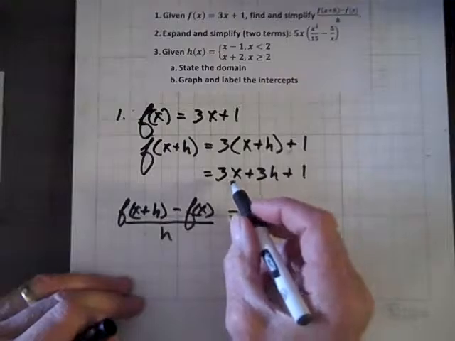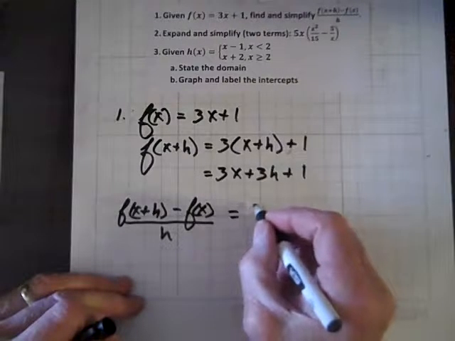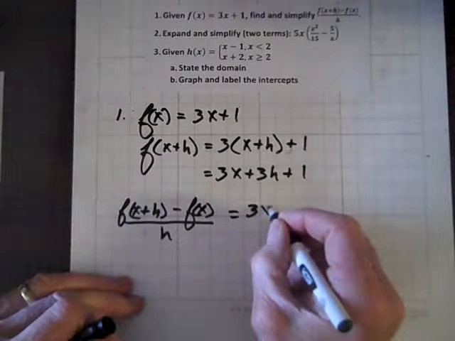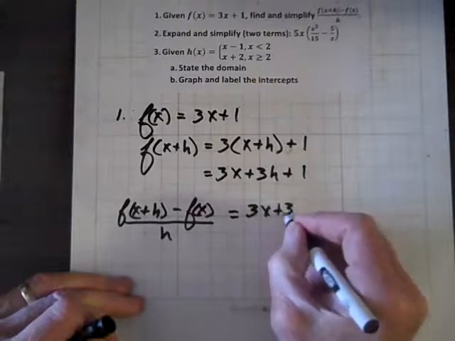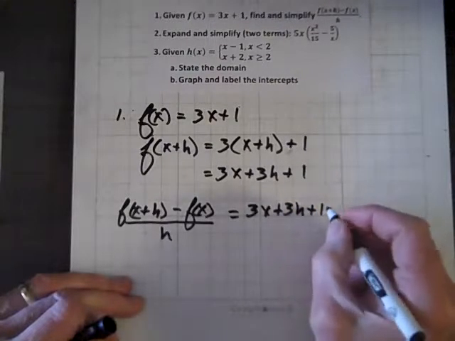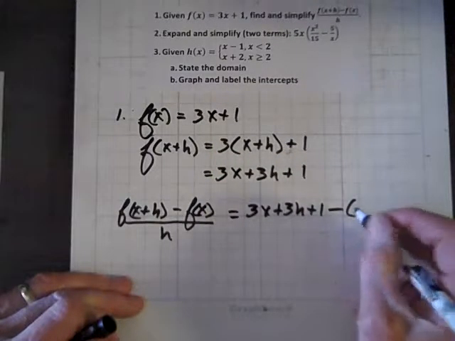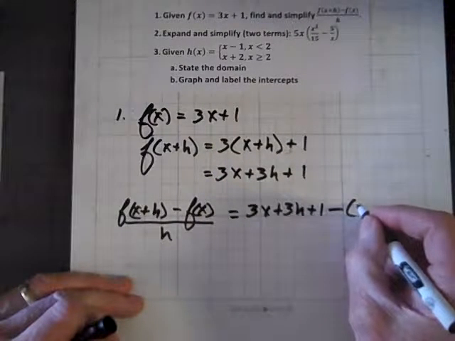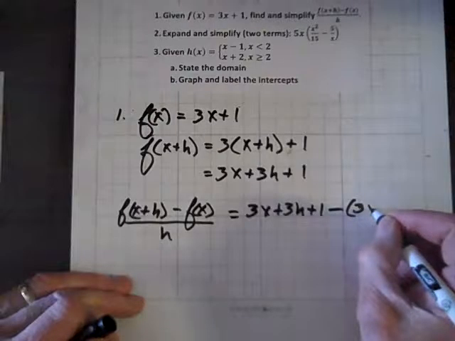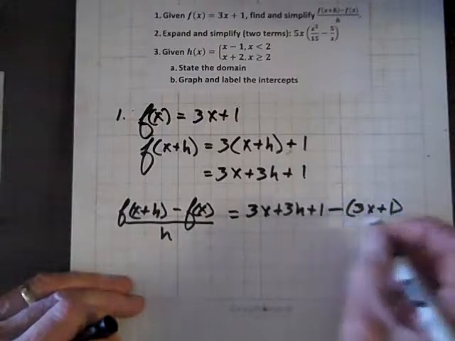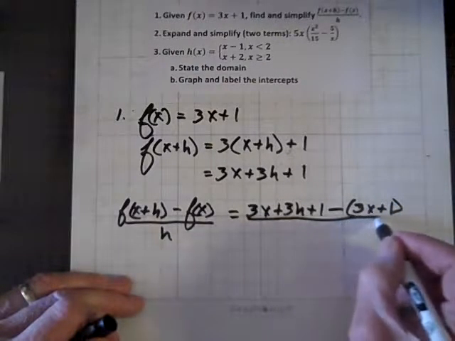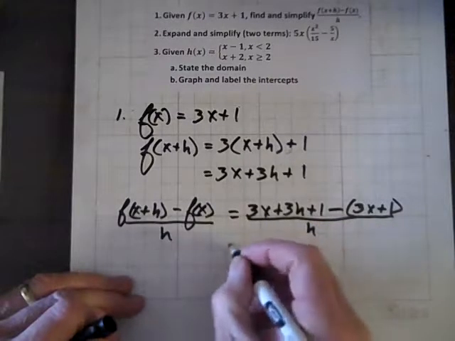And that equals, in place of f of x plus h, we'll install 3x plus 3h plus 1 minus f of x. Well, in place of f of x, and use parentheses, we'll write 3x plus 1 all over h.